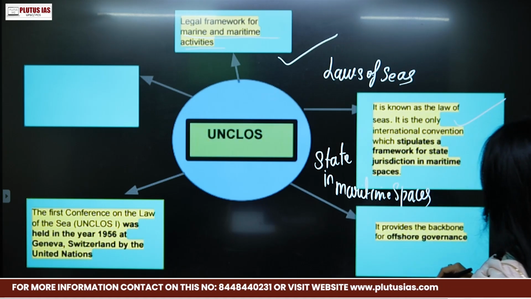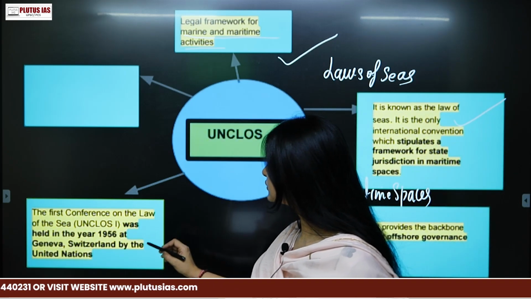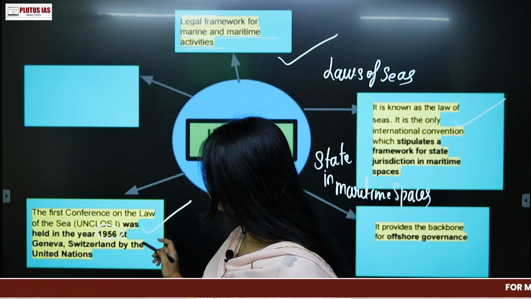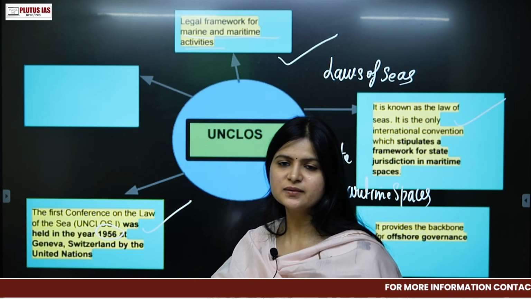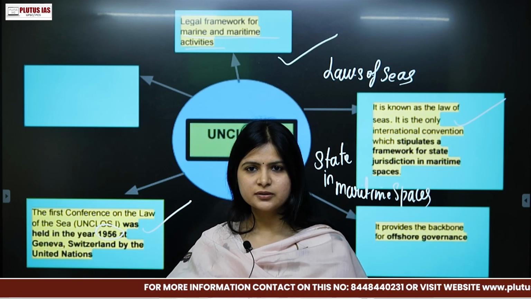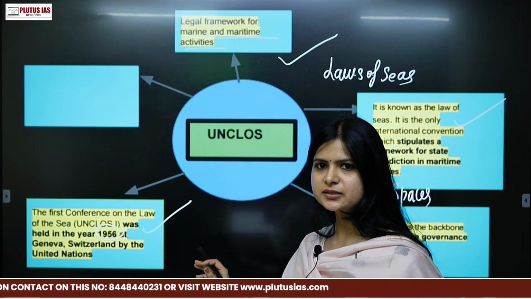It provides the backbone for offshore governance, and the first conference on the Law of the Sea was held in 1956 at Geneva, Switzerland by the United Nations. In prelims, this can be asked: when the first meeting was held, in 1956, right?